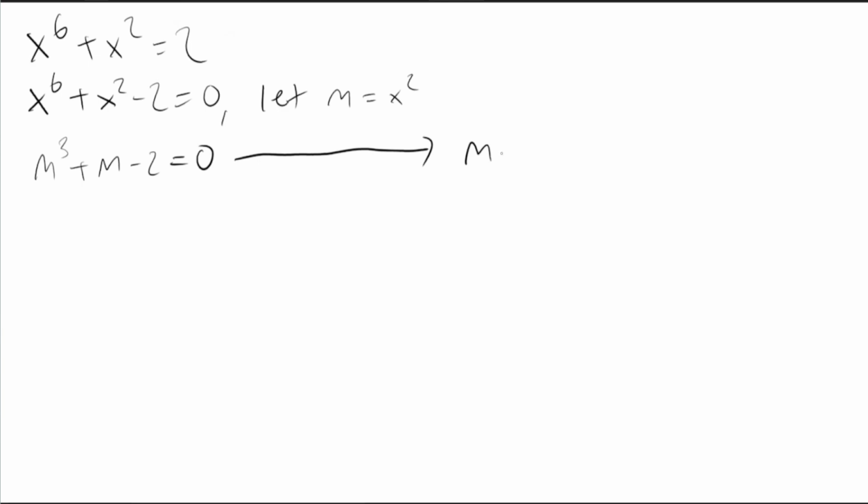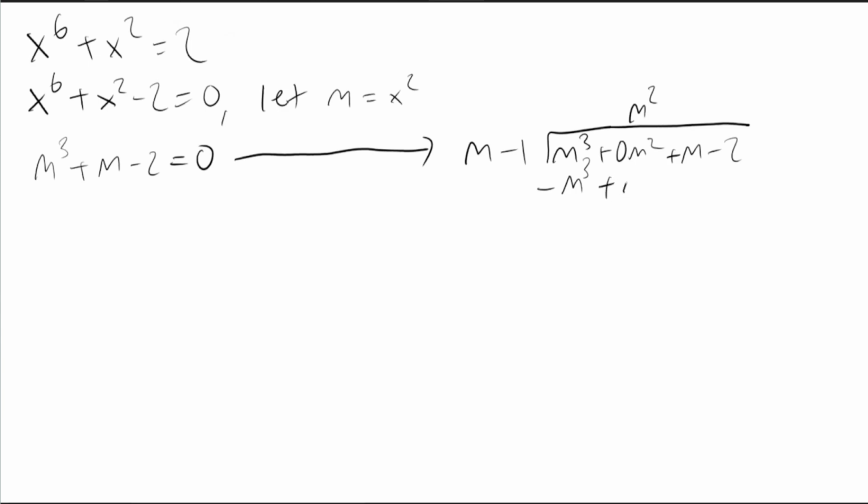So we have m minus 1 as the divisor, and our dividend is m cubed plus 0 m squared plus m minus 2. Now, to get to m cubed, we multiply m by m squared, so we subtract m cubed, and we have negative m squared.